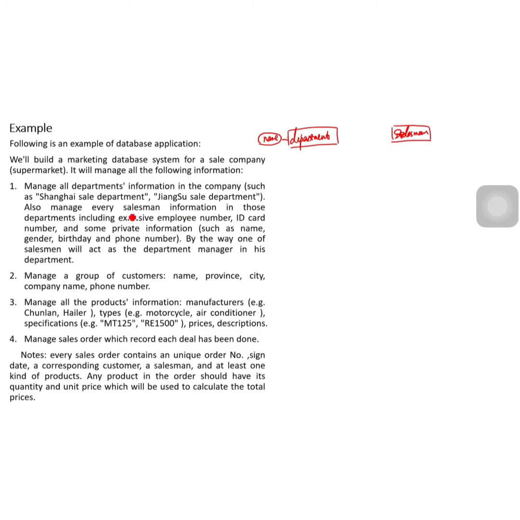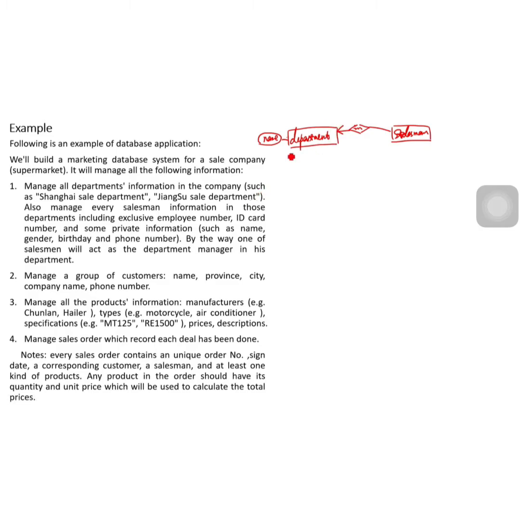We manage information of salesmen in those departments, so there is a relationship between salesman and the departments: a salesman working in a department. We know in a department there are many salesmen. I think it's not necessary to write it.